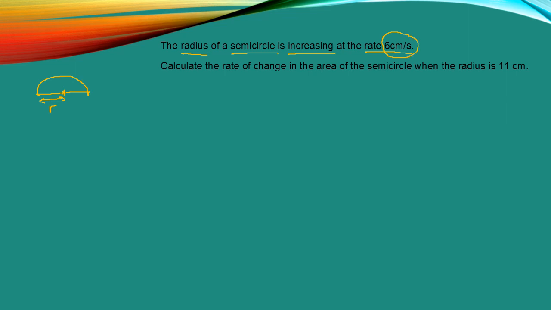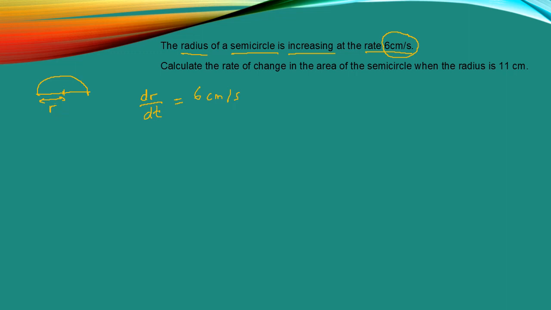We write dr, where d is the differentiation or change of the radius r. The change of radius is referred to time, so we write dt. dr over dt means the changing of radius at any time t, which is equal to 6 cm per second.